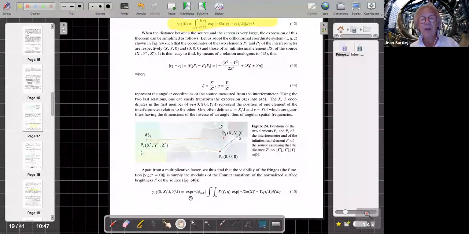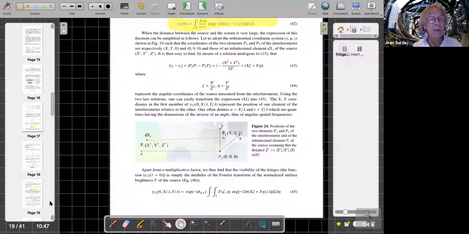Here there is an annoying instrumental factor which only depends on your telescopes and their distances, and it's possible to get rid of it. I'll come to that later on, maybe in 3 or 4 lessons: how you can get rid of this annoying phase factor, which can be corrected, as I'll explain later.